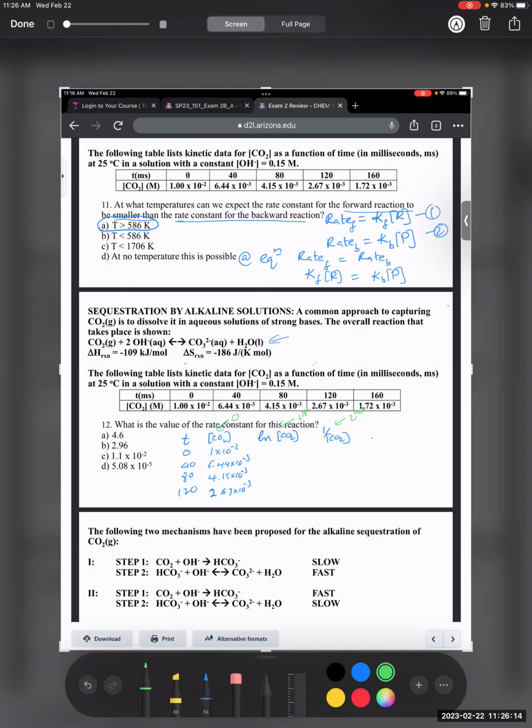Then I'm going to create that list as well. All right, now I have those values, and I'm going to plot these. First, the concentration versus time. Let me see.